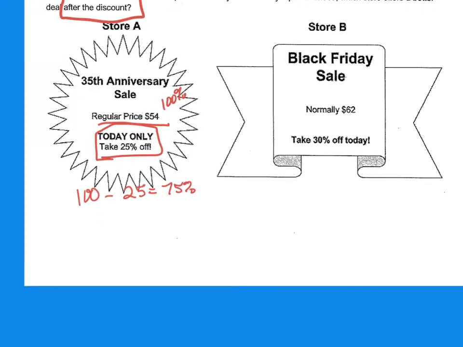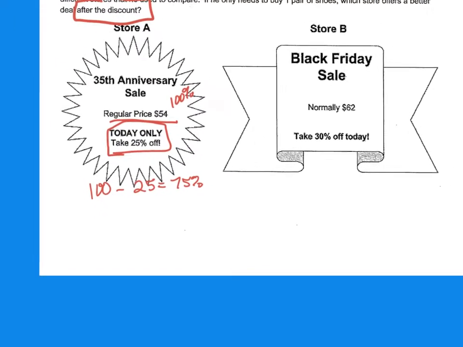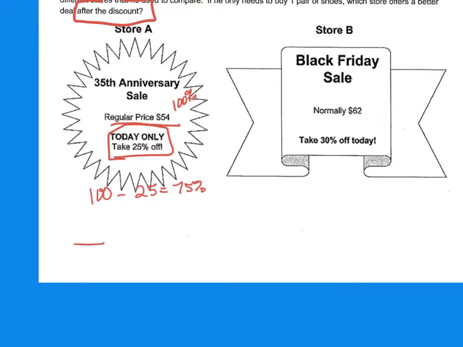So we want to see what our discount price is going to be. So if we set up a proportion, since we're talking about percents, that first ratio has to be over 100. And what percent did we say we were going to pay? 75%, because we're getting 25% discount.